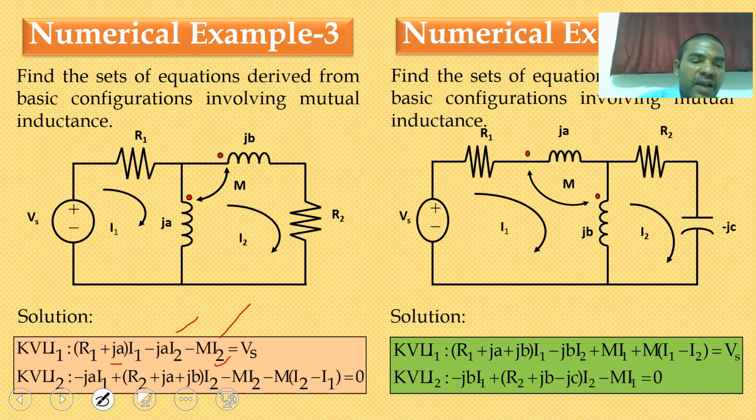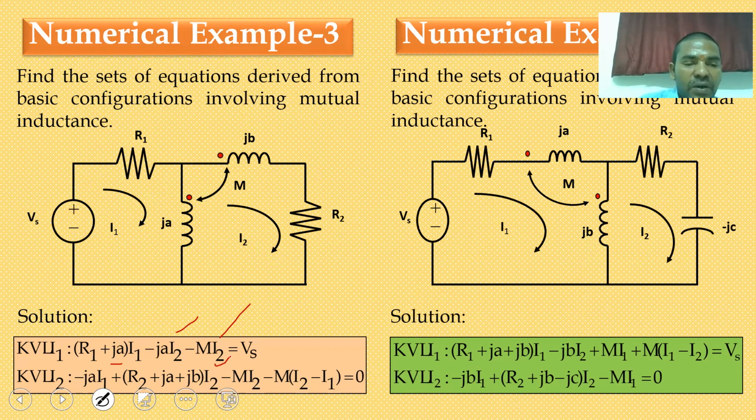Then the M value of I2 current, both are in the second loop, so you have to get 2 times of M. With respect to the first coil, second coil current, with respect to the second coil, first coil current. So minus M I2 minus M I2 minus I1 is equal to 0.